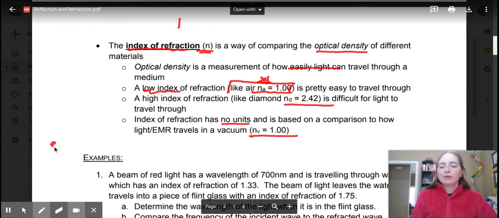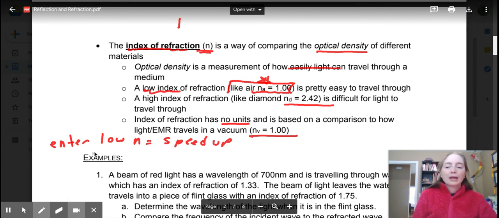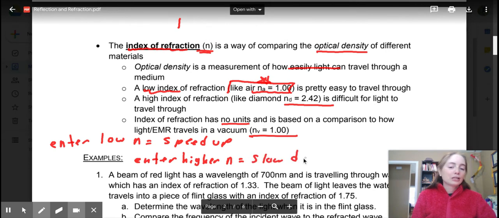When light enters a medium where n is lower than the n of the medium it was in, the EMR is going to speed up. If the EMR enters a material with a higher n, it is going to slow down.